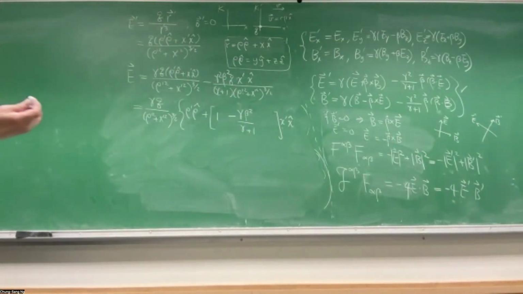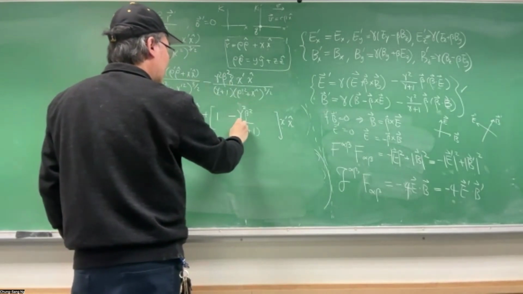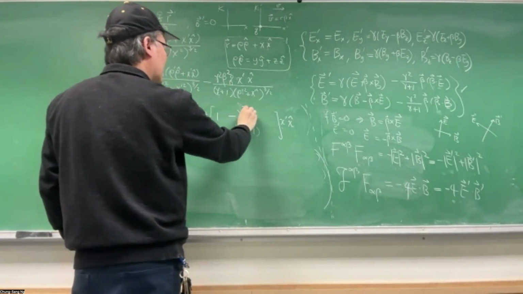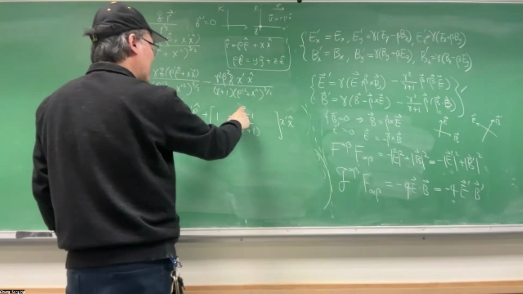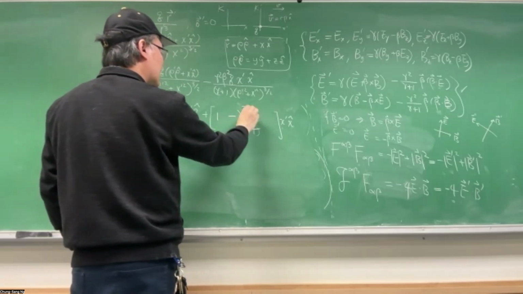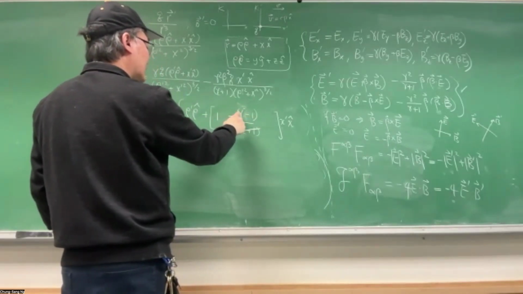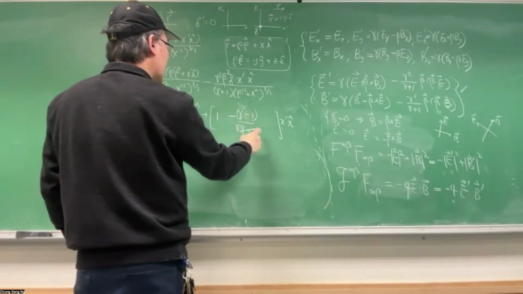And again, you can multiply by gamma divided by gamma cubed, and this becomes gamma minus one. And gamma squared minus one is gamma plus one times gamma minus one, so you can cancel this with gamma minus one. And one minus gamma minus one.